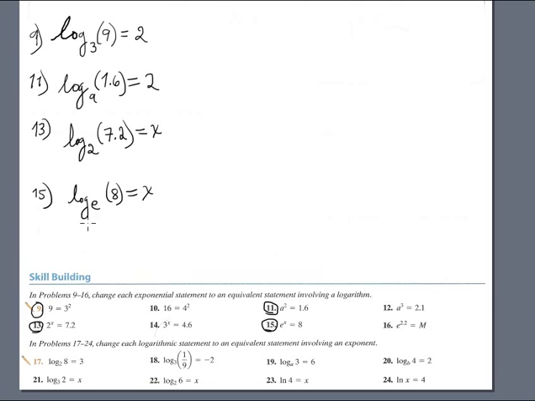In this case, when the logarithm has base e, the frequent notation is natural logarithm, ln of a is equal to x. This is a much better answer.